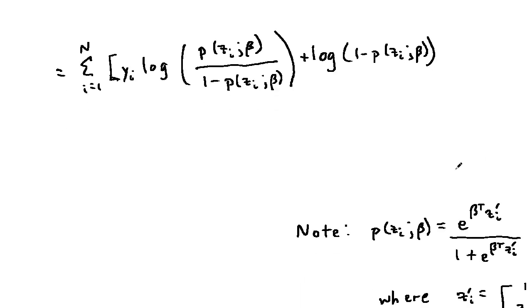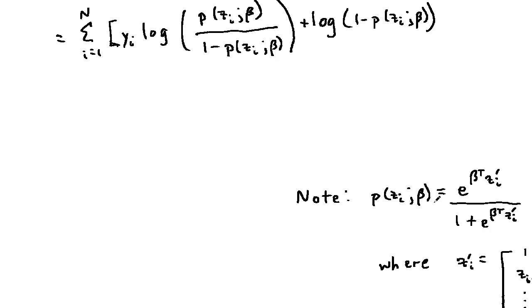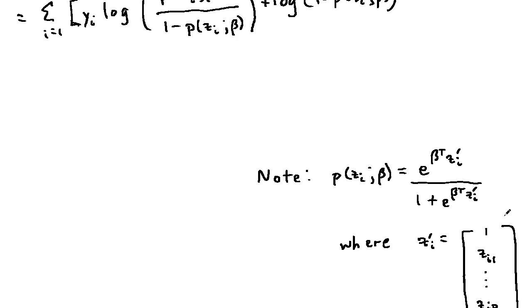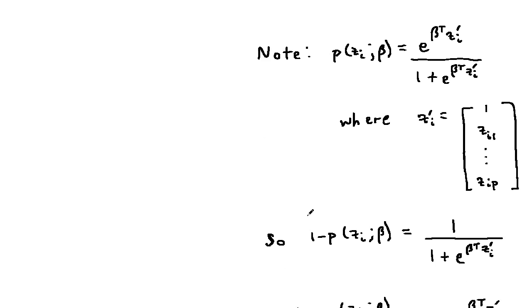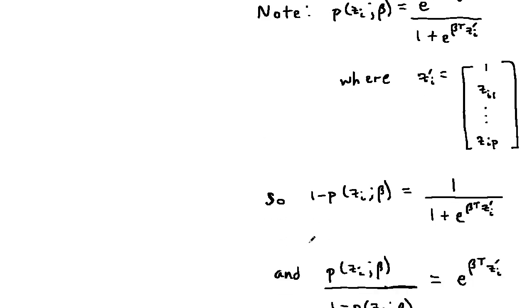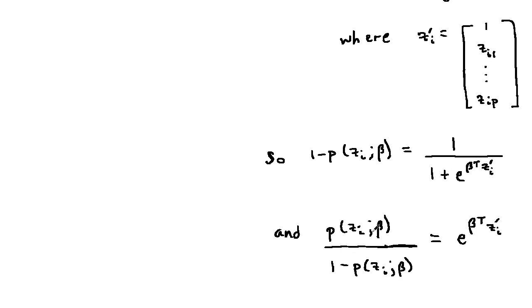But note that p of zi is e to the beta transpose zi prime divided by 1 plus e to the beta transpose zi prime, where zi prime is given by this vector, 1, zi1 through zip. Okay, so 1 minus p of zi is given by this, and p of zi divided by 1 minus p of zi is given by this. It's a simple calculation.